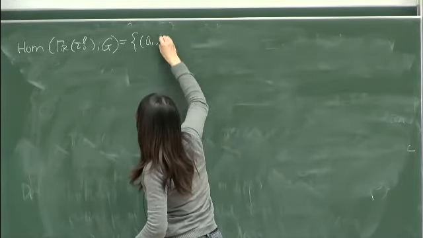And for a non-orientable surface, again you have 2L generators plus 1 which comes from the RP2.